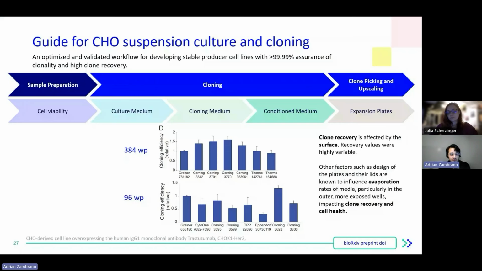And that's because you also want to think about the influence of evaporation rates in general, right? Particularly the outer wells can be more exposed to evaporation, and that would impact clone recovery and health. I think what's also interesting in this part is that we show you now some results for two types of well plates, for 384 and 96.